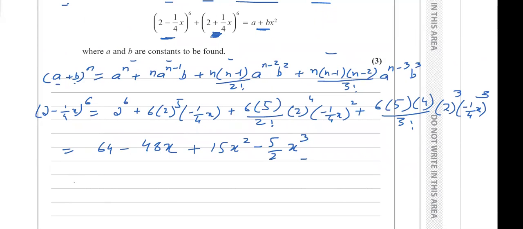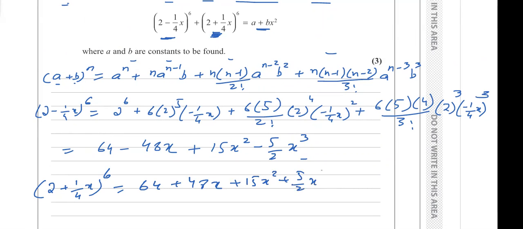So you can say if you write (2 plus 1 over 4x) to the power 6, because there is no negative sign involved here, all values will be similar, except there will be no negative sign. So it can be 64 plus 48x plus 15x square plus 5 over 2 x cube. Now adding both of these, we have to prove it will be of this form.